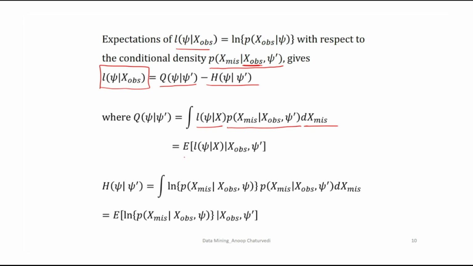Or this is equal to the expectation of small l of psi given x, conditional on x observed and psi dash. Similarly, H of psi given psi dash is the integral of log p of x missing given x observed and psi, multiplied by the conditional density and integrated over x missing, which is equal to the expectation of log p of x missing given x observed and psi, given x observed and psi dash.